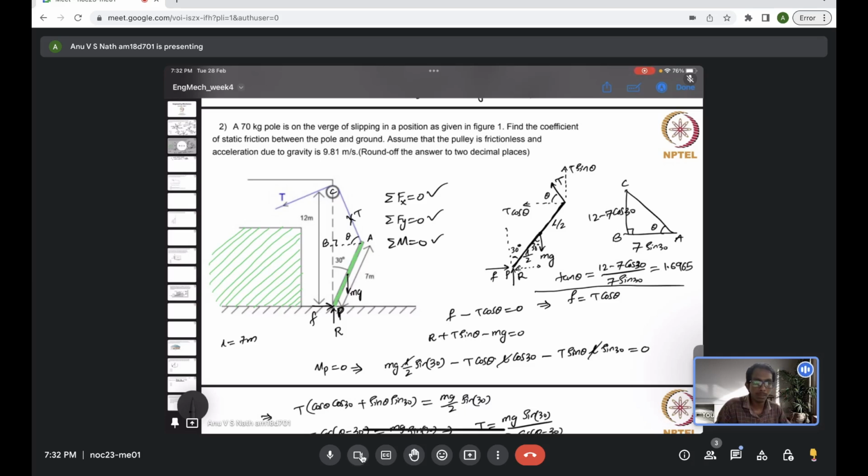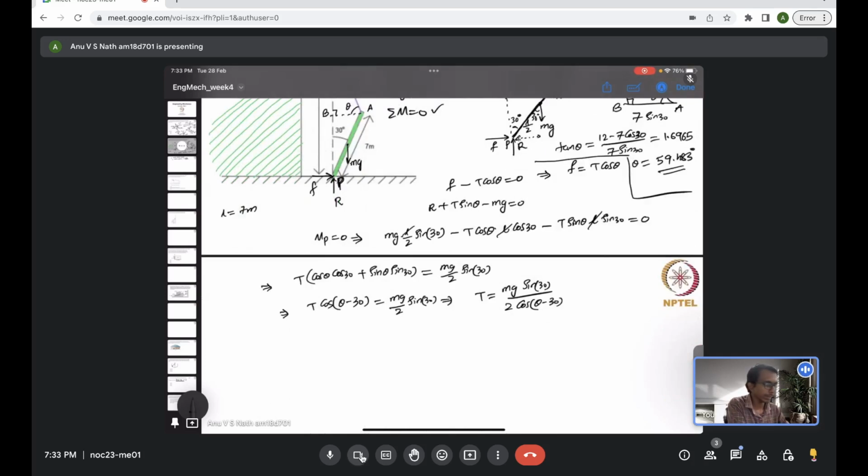So if you find a mistake, please let me know. So from this we can write theta, which is tan inverse of this quantity, I think it's 59.483 degree. So we have evaluated the angle theta.